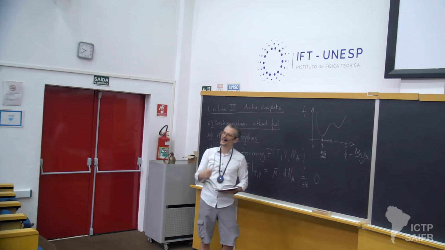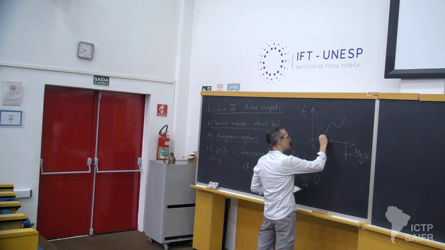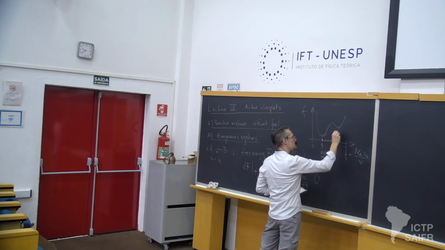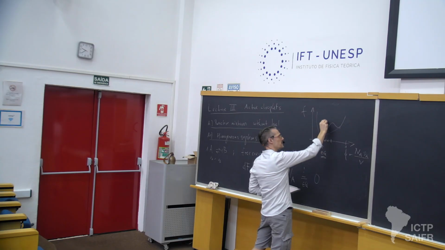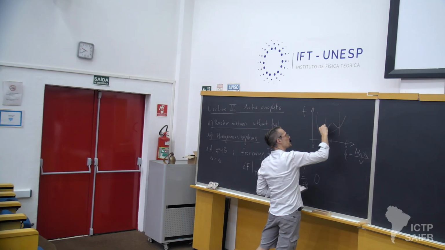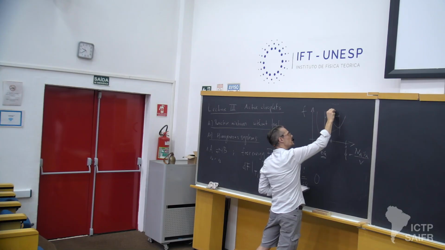That's a problem because when I let it go, remember the Maxwell construction was something like this, right? Here it was a tangent, so it's outside that one. So the phase separated domain was this. So phase separation can occur here.